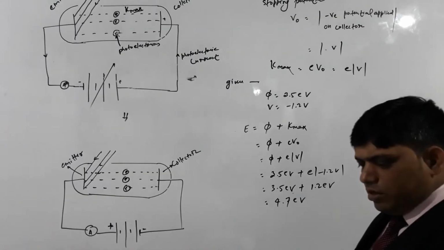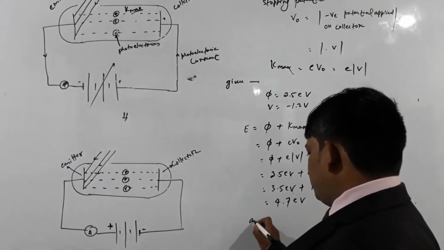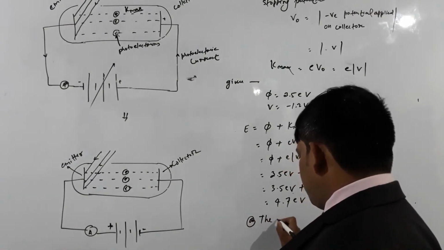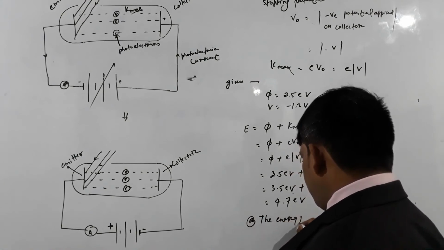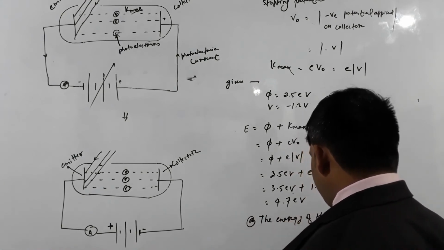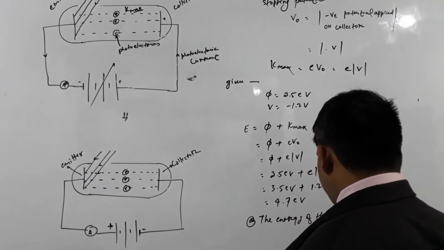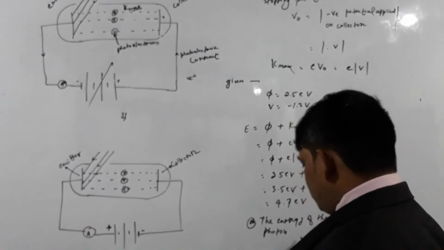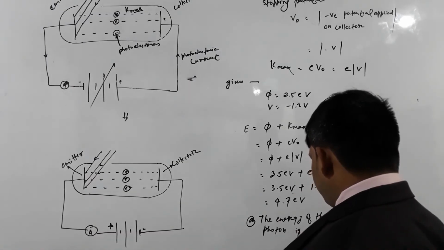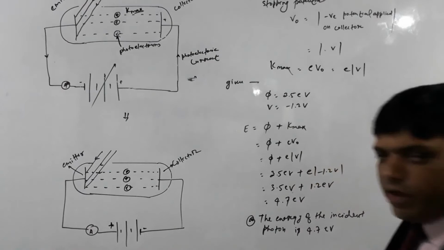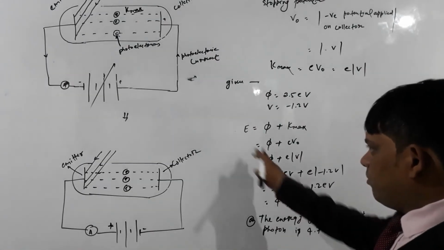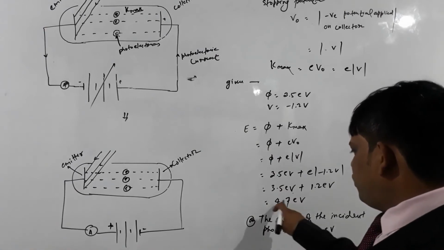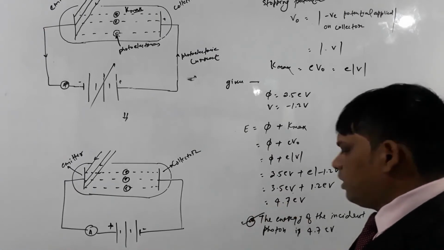Hence we can see, option A says that the energy of the incident photon is 4.7 electron volt, and we have also calculated that the energy of the incident photon is 4.7 electron volt. So option A is correct.